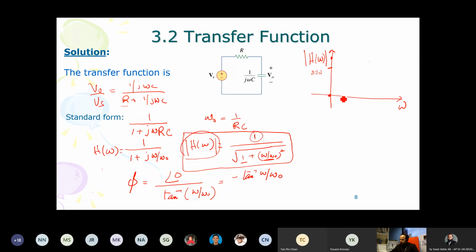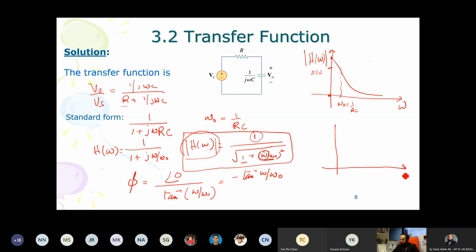So let's take a value omega naught, which is actually 1 upon RC. So the value will be this. So it's decaying. And if we keep on decaying, we'll see that it comes out to be something like this. And you will agree that we are increasing omega, which is in the denominator, so it will keep on decreasing and decreasing, and we'll see the response like this. Is it okay?